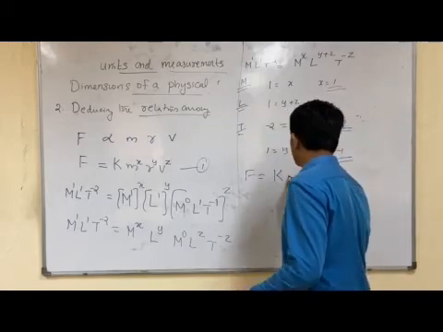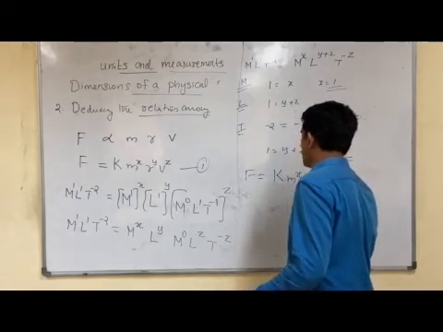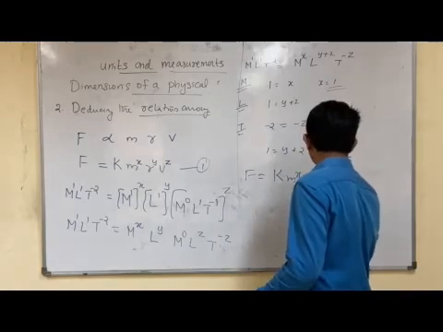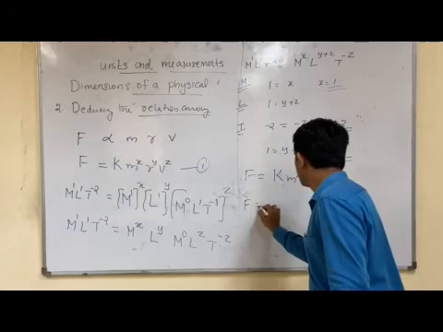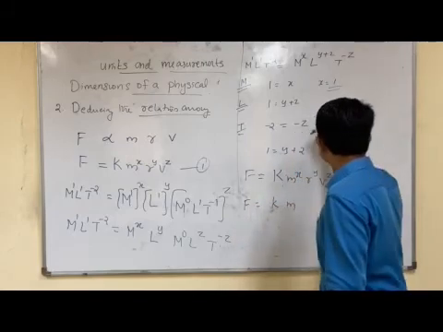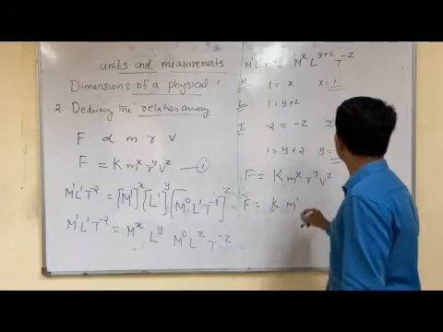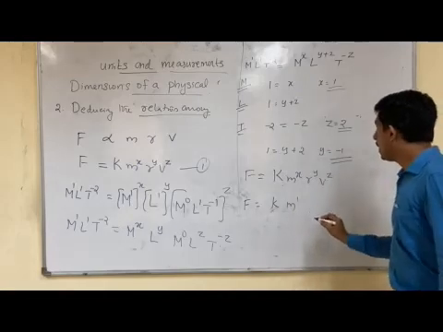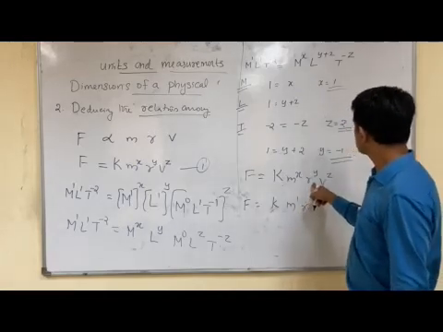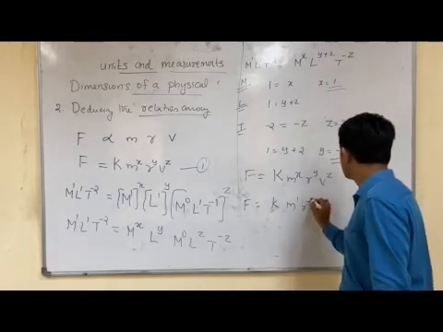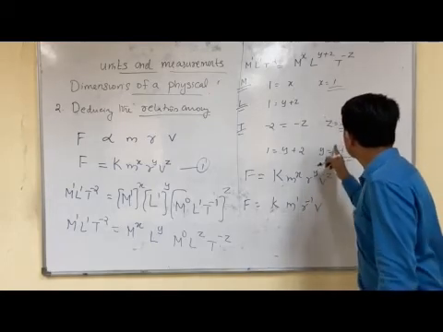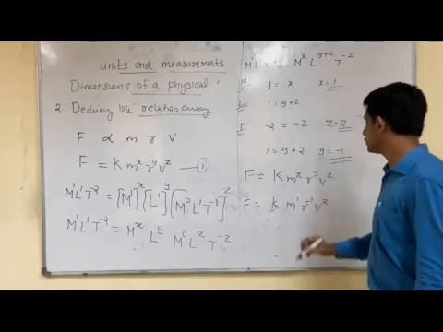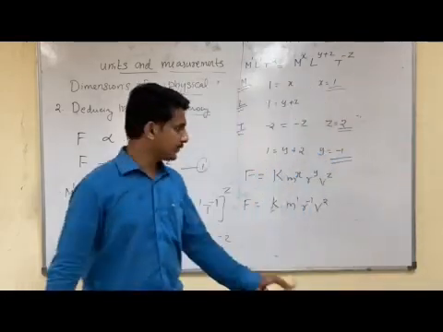Now F is equal to k into m raised to x, and the value of x is 1. R raised to y, where y is minus 1, so we substitute minus 1. And v raised to z, where z is 2, so v raised to 2.